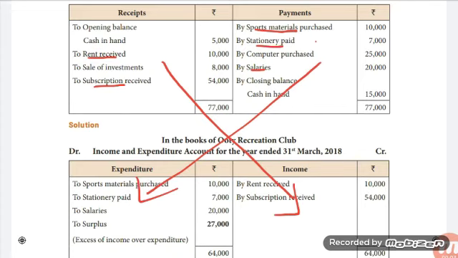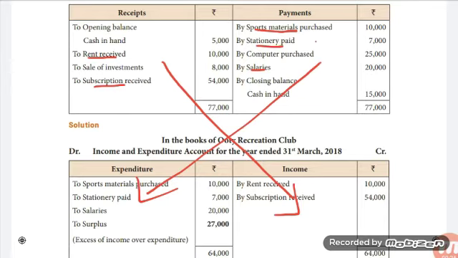Debit side items of receipts and payments account go to the credit side of income and expenditure account, and credit side items of receipts and payments account go to the debit side of income and expenditure account.